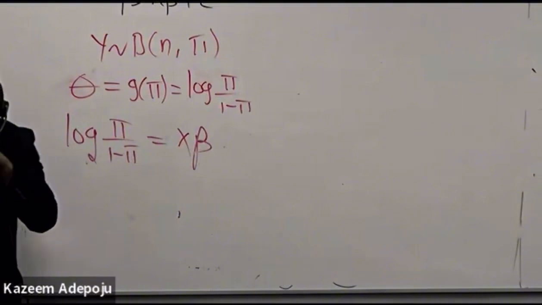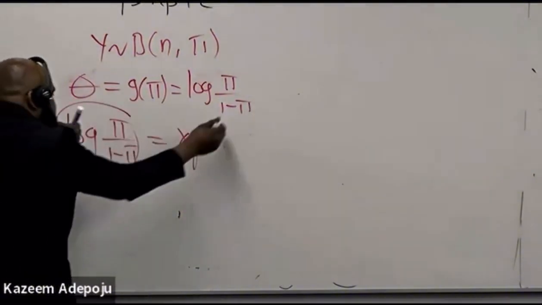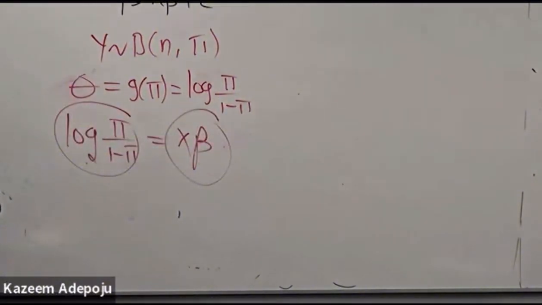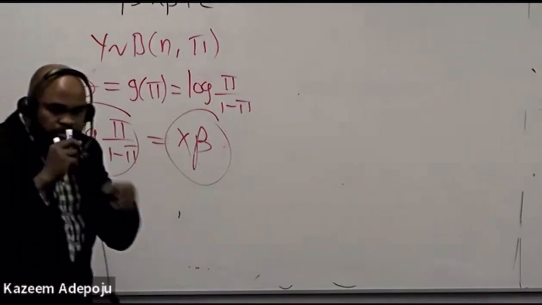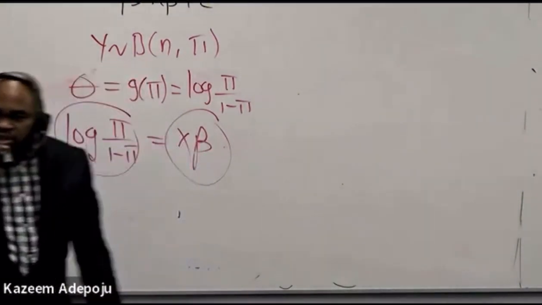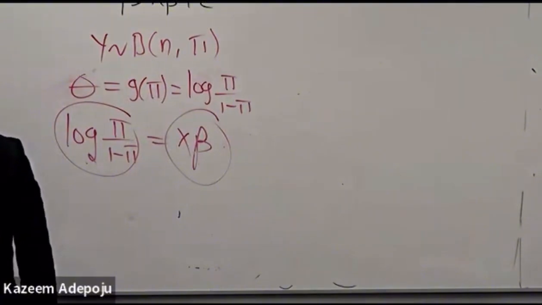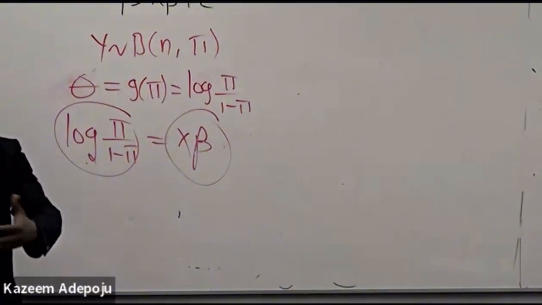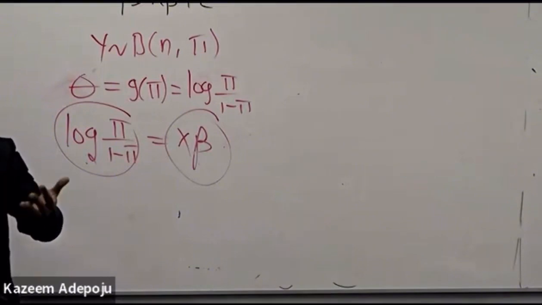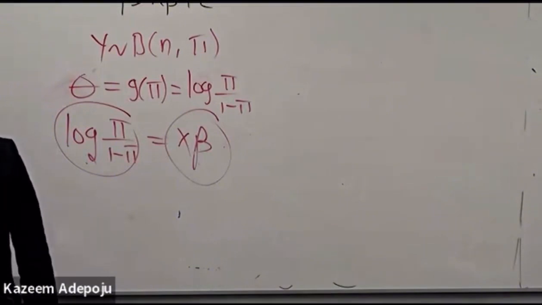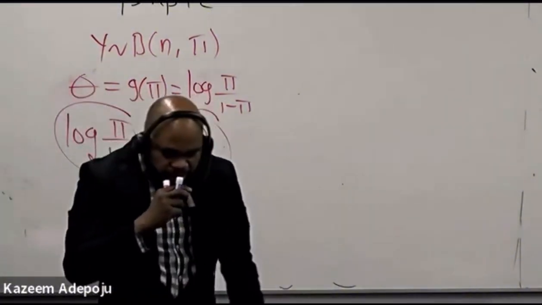The linear relationship exists now between this and this. Does that make sense? So after you are able to obtain the link function, linearity exists. Now, when linearity exists, we can benefit from techniques of estimation involving linearity. So that's exactly what I'm doing here.